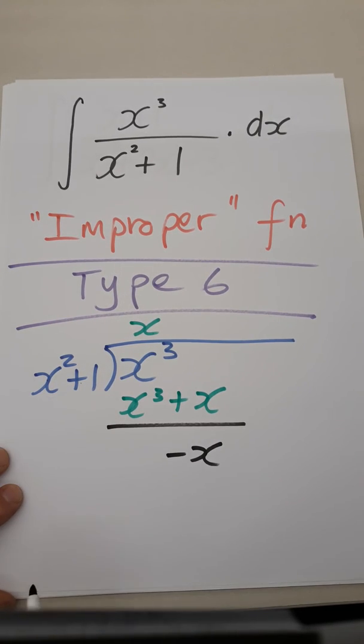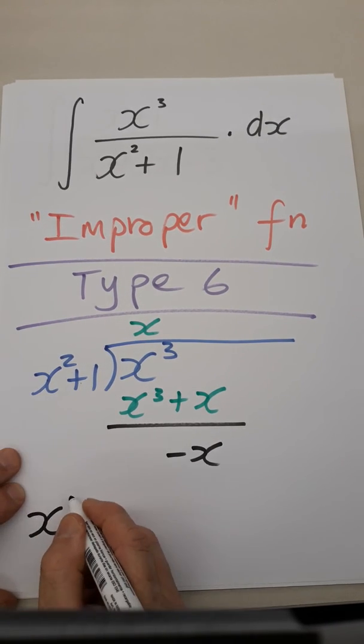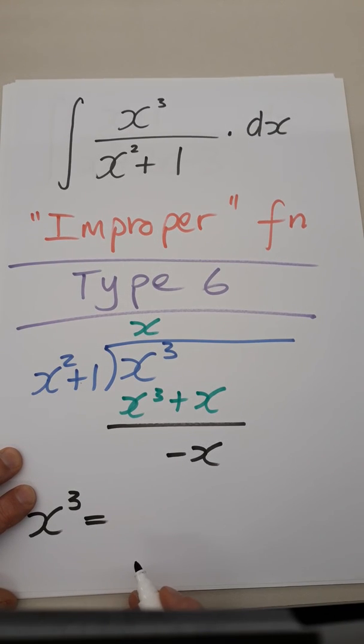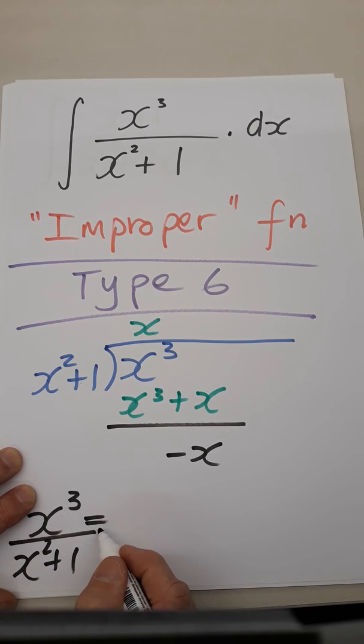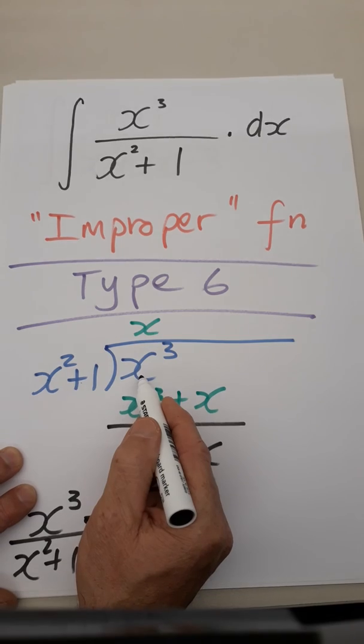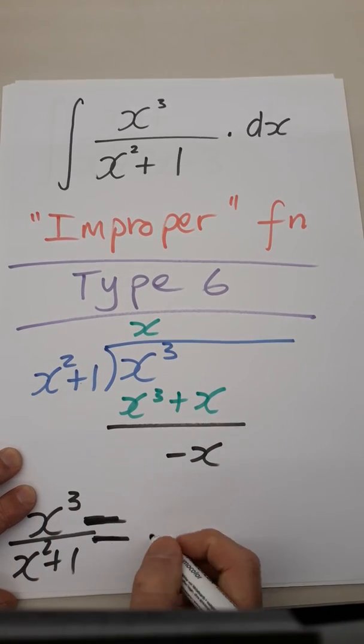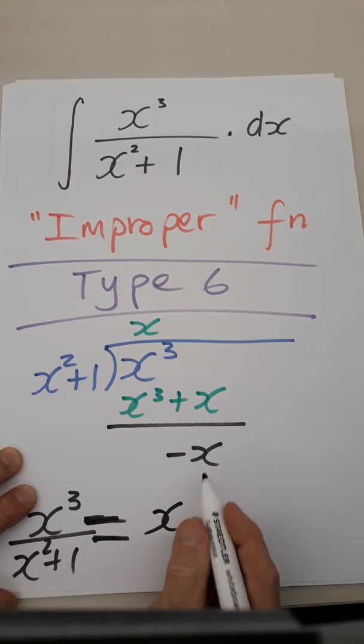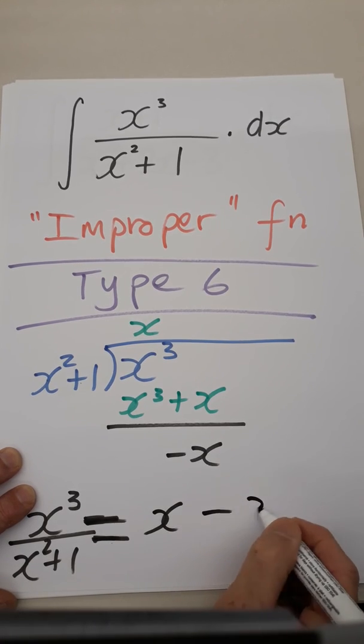What I've just found is that x cubed divided by x squared plus 1 is equal to x, and this bit left over.